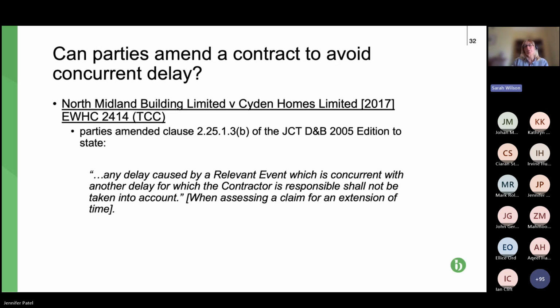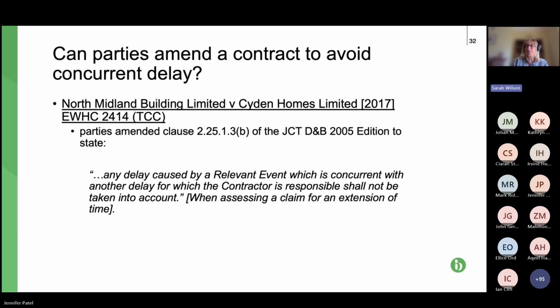What they'd done in this contract was to put a clause in the contract that said any delay caused by a relevant event, so you're going to recognise this scenario, by a relevant event, e.g. weather, which is concurrent with another delay for which the contractor is responsible, e.g. contractor's lack of labour, shall not be taken into account when assessing a claim for an extension of time.